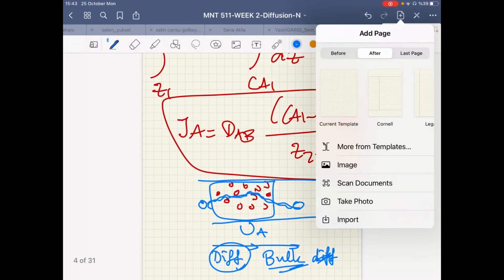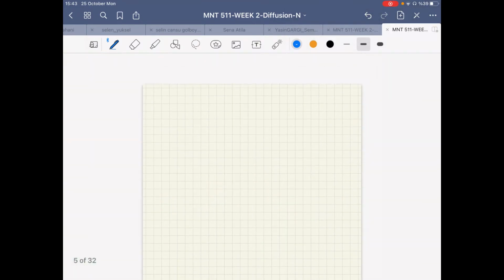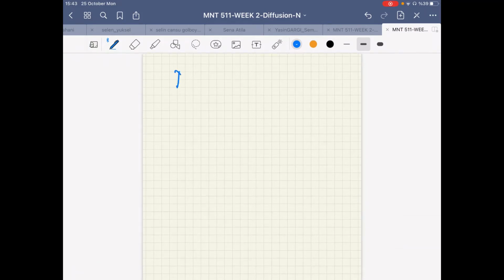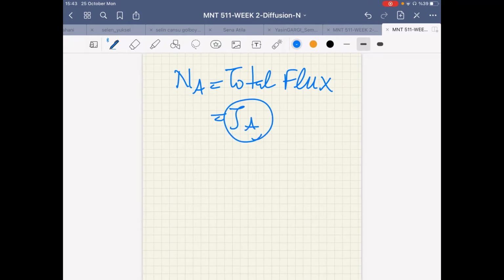So we say that the total flux of A is equal to JA, which I already derived, plus the total bulk movement, concentration times the velocity of my molecule.